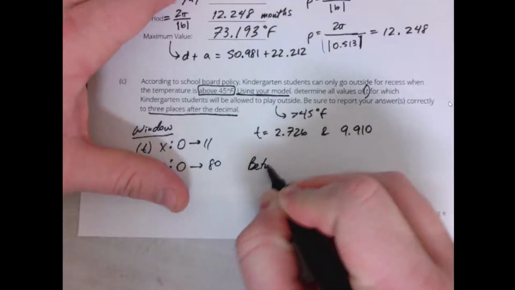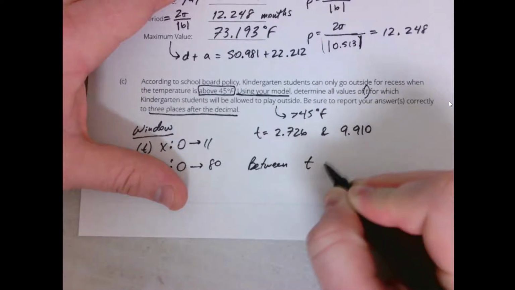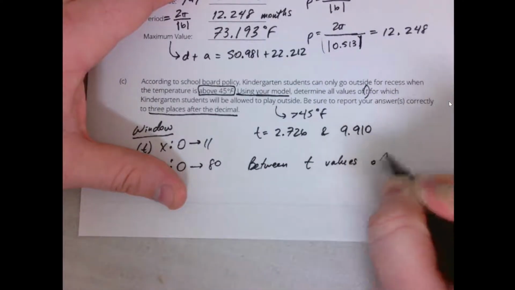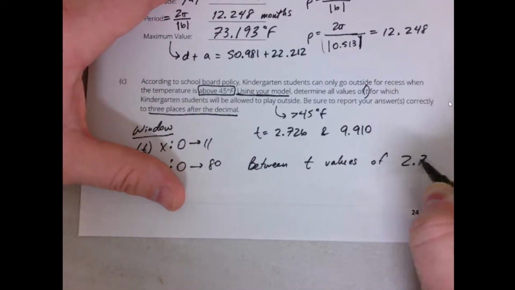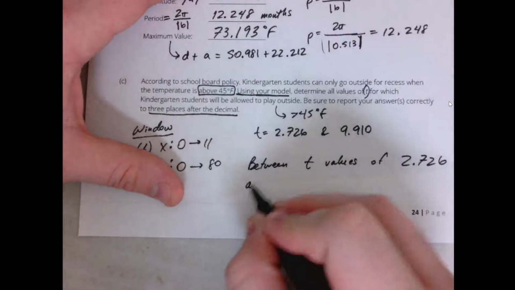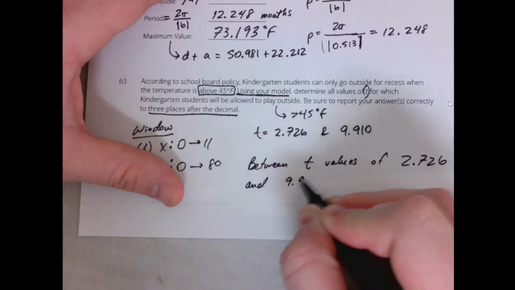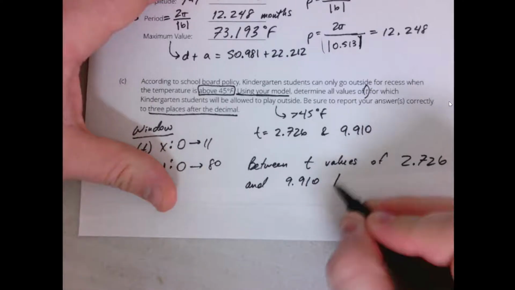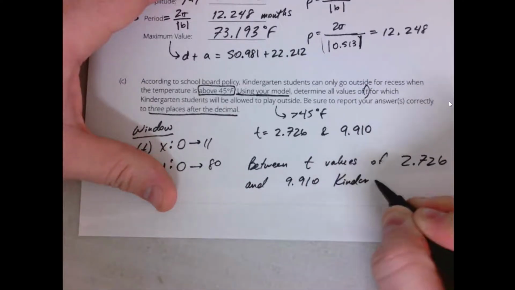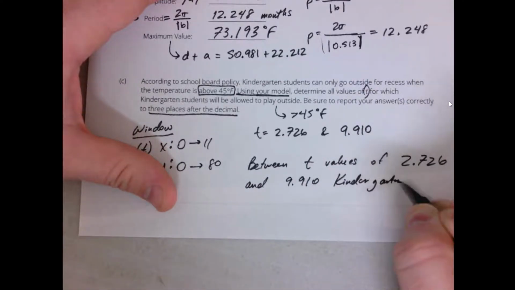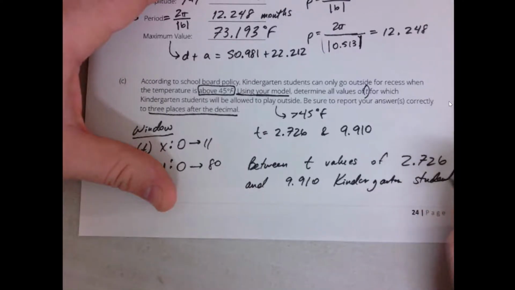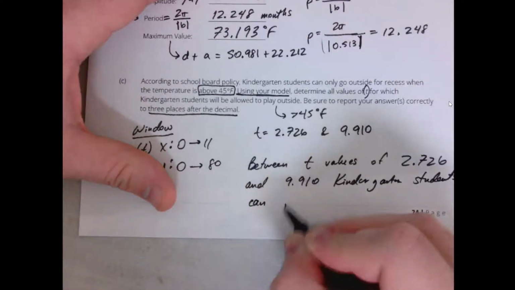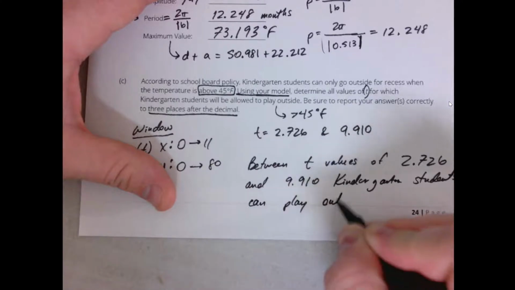Okay, so let's write out what our actual answer is. So between t-values of 2.726 and 9.910 kindergarten students can play outside.